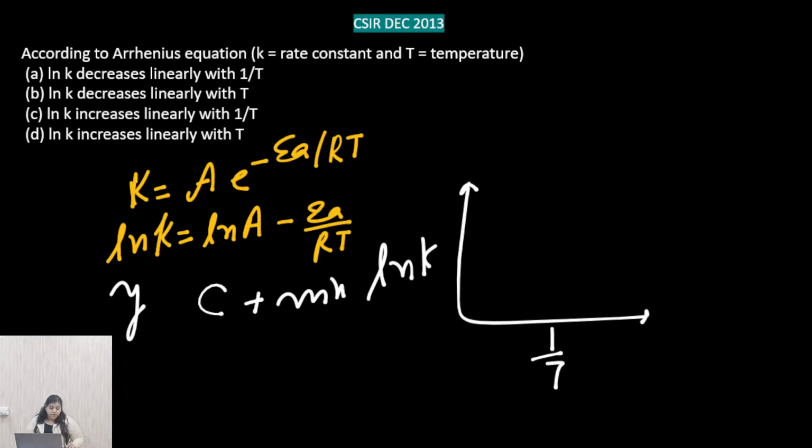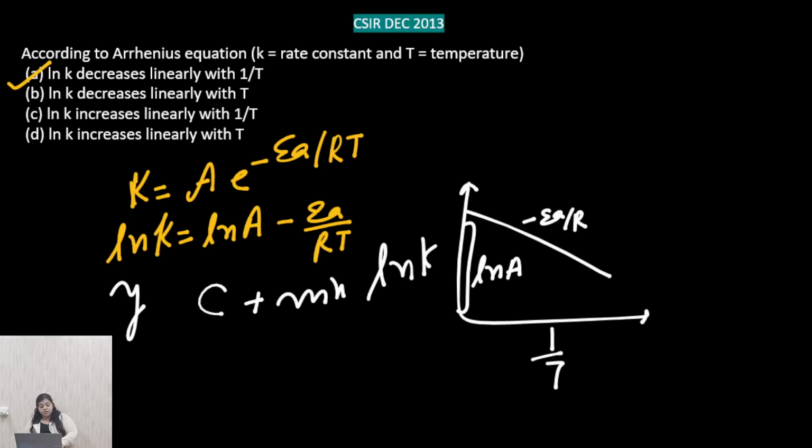Here the slope is negative, minus Ea by R, and the intercept is natural log of A. So natural log of k decreases linearly with 1 by T. That means option E is correct.